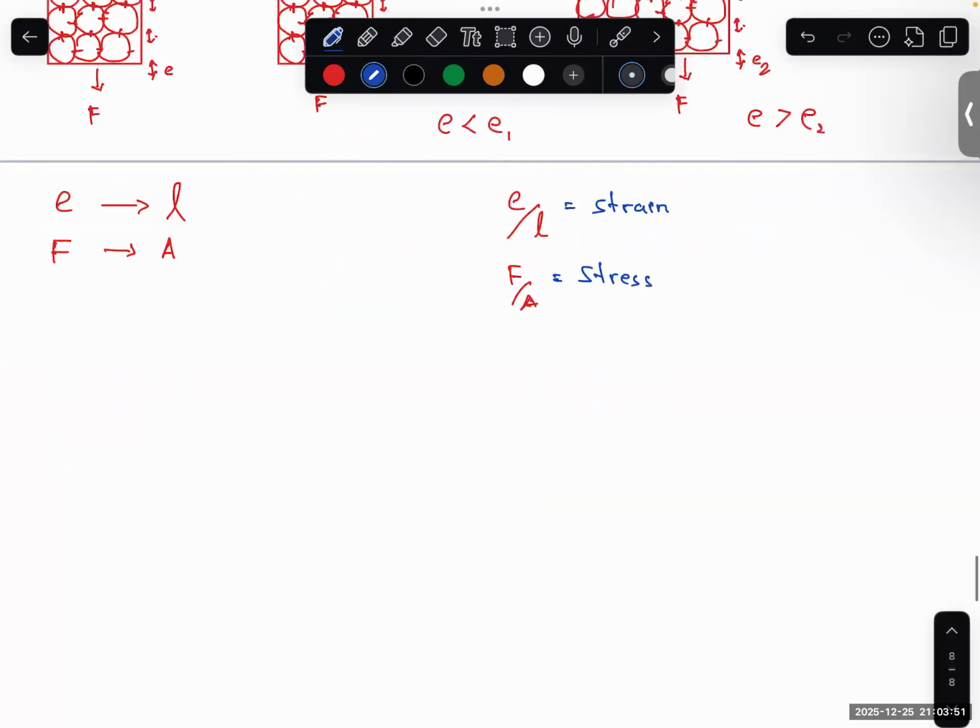I already told you about this, right? Let's say that there is a box. If I apply a force like this, it will be longitudinal deformation. But if I attach this and give a force in this direction, it will undergo some deformation like this.